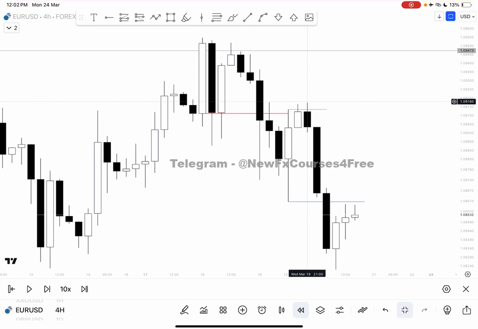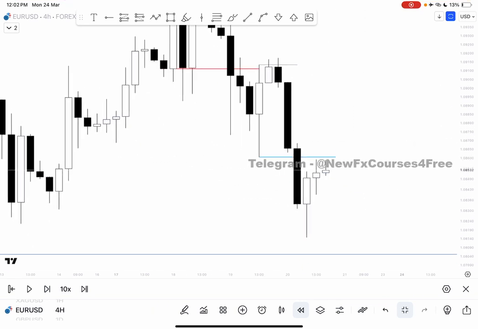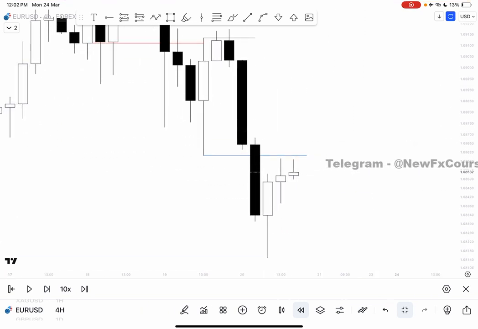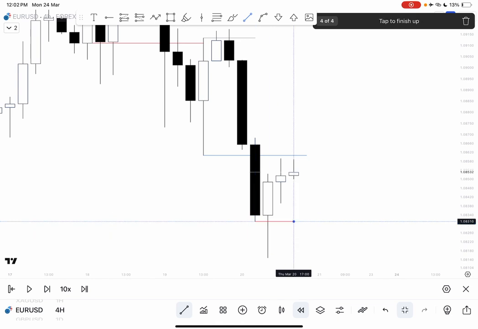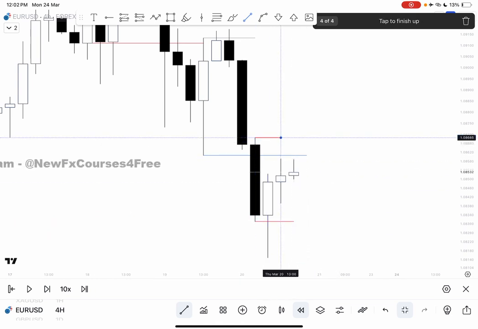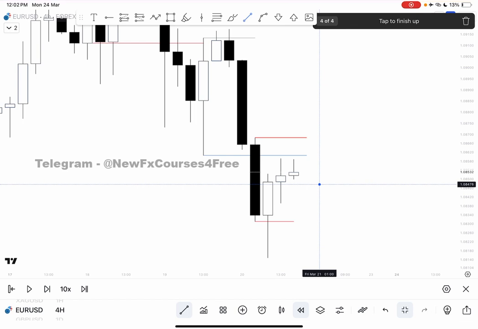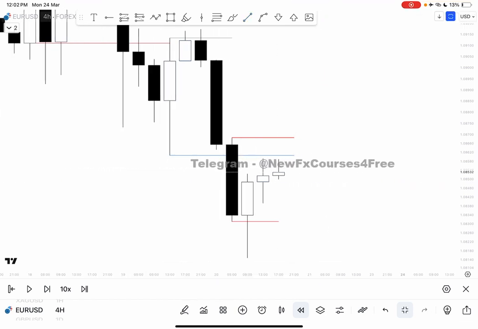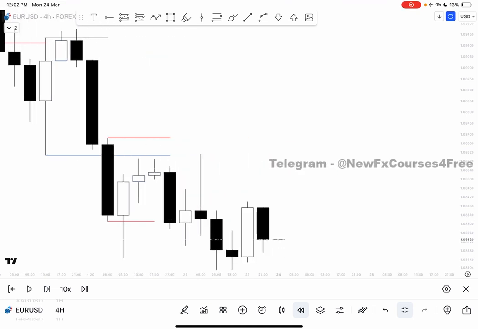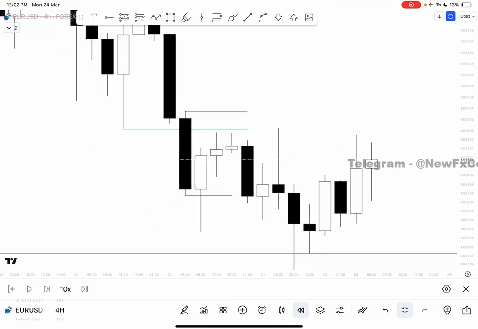So CRT high swept CRT low. So don't pattern trade CRT. I keep saying this. Some people will be like, oh, let me take this and wait for this to be taken out. And remember this, look what actually happens. Boom, here.